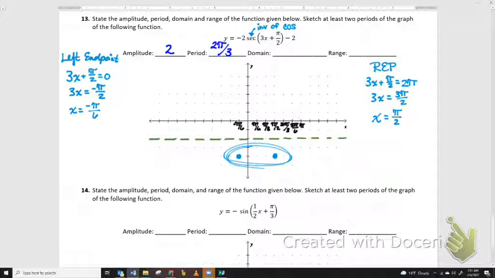It's going to have the top part, right? It's the maximum. Where's the maximum going to be, on the midline or above it? Above the midline. Halfway in between, we're going to go above the midline 2 units. Halfway in between the maximum and the minimum is where we cross the midline. So there's 1 period.